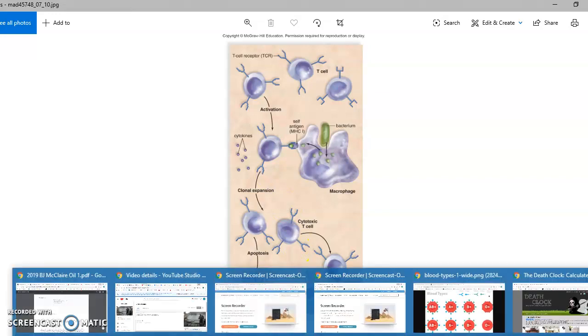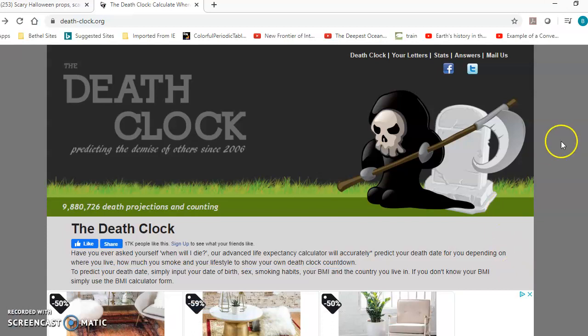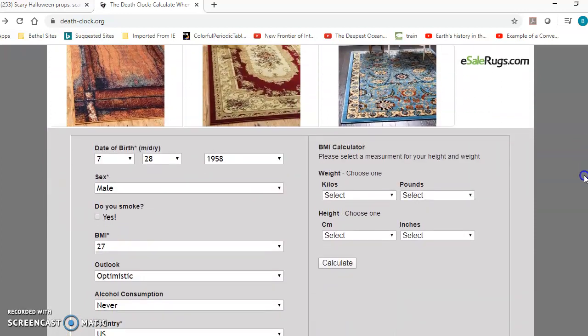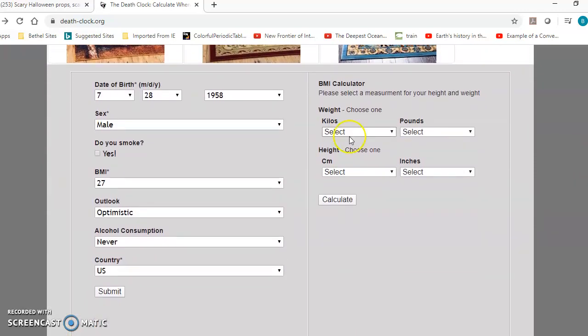There's some kind of morbid sites on the internet. There's the one called the death clock. There are actually a number of death clocks. This is a different one. And on this death clock, I put my own information in, my birthday, gender, I don't smoke, my body mass, okay, I'm a little chunky. I'm fairly optimistic. I don't drink alcohol. We're going to talk about why that's a good thing.